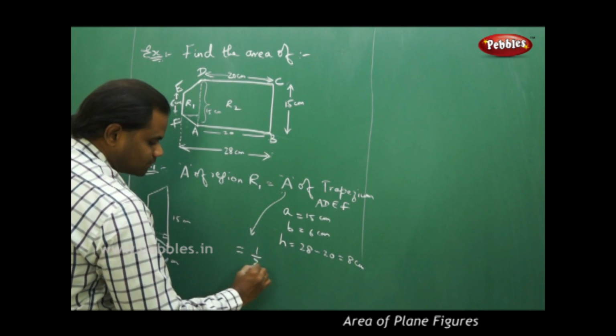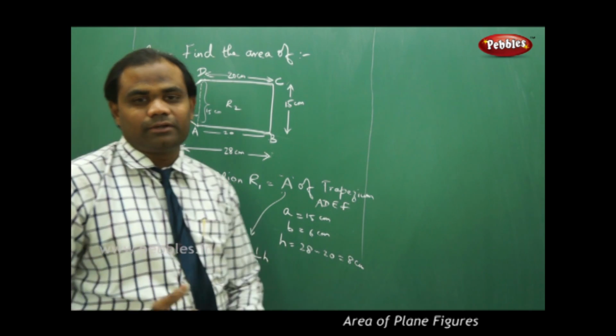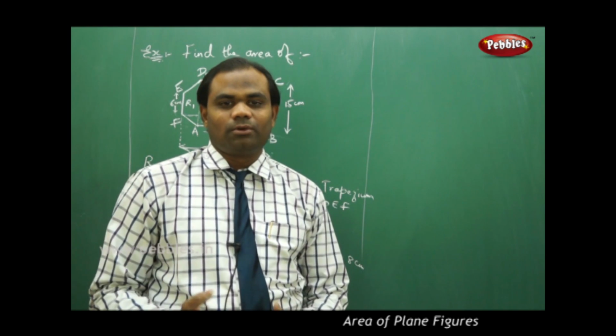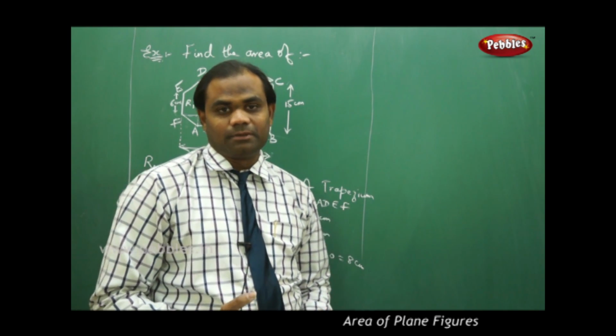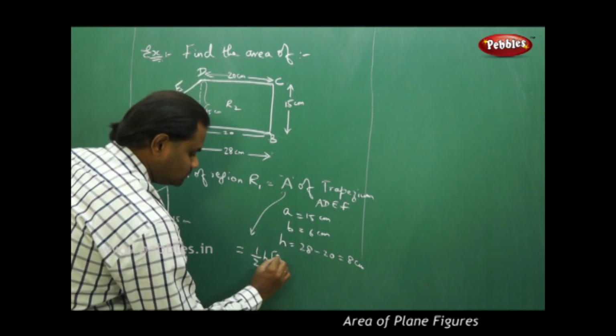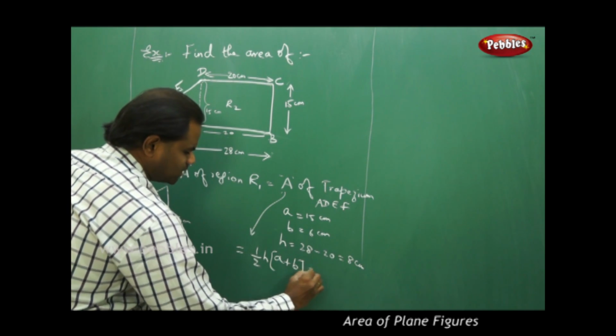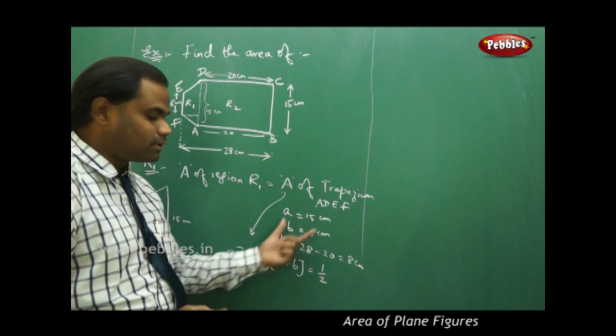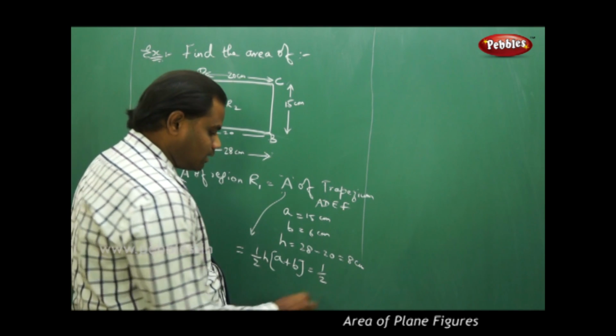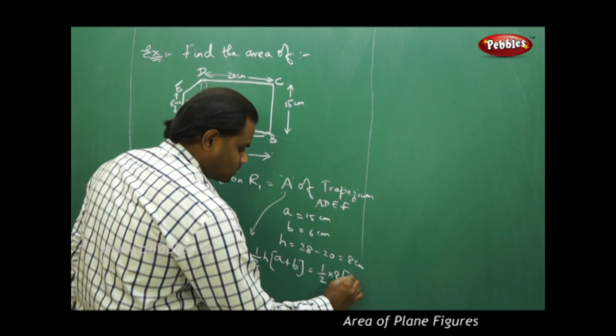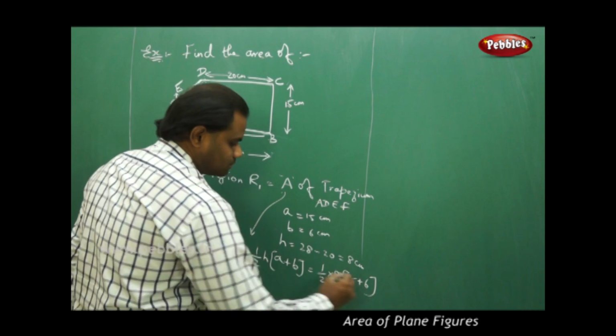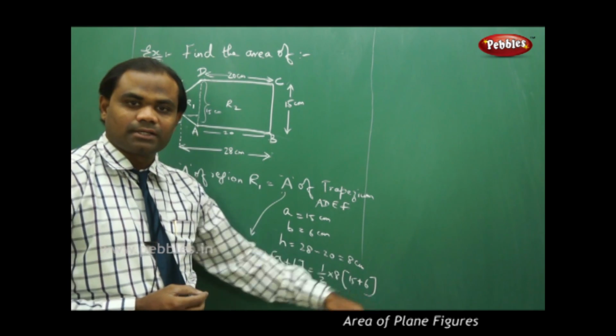We have already discussed the area of a trapezium, which is given by the formula half H into A plus B. Substituting the respective values, I get half times H times A plus B, which is 15 plus 6.